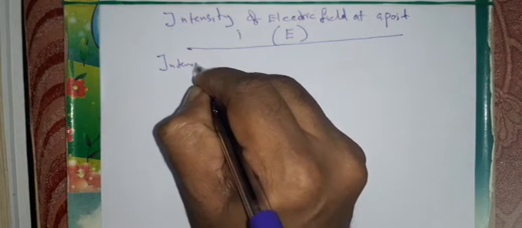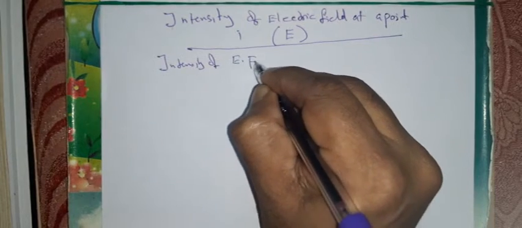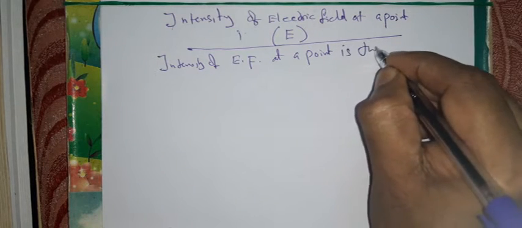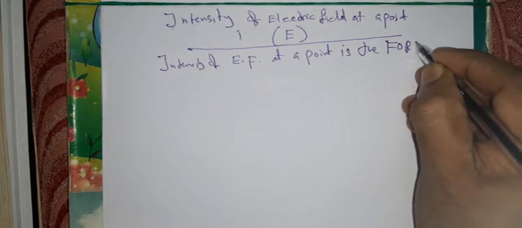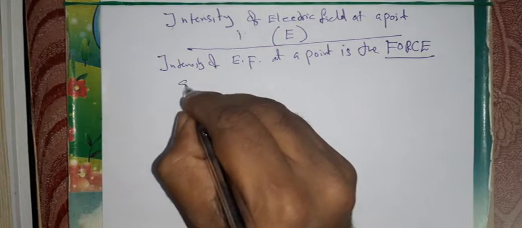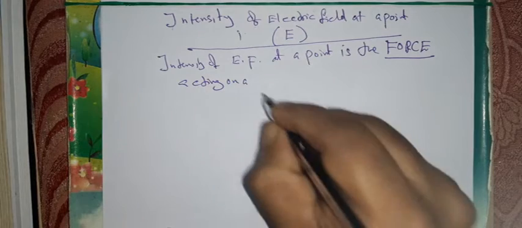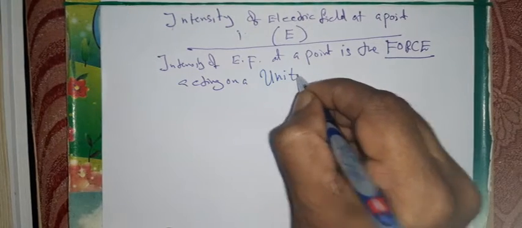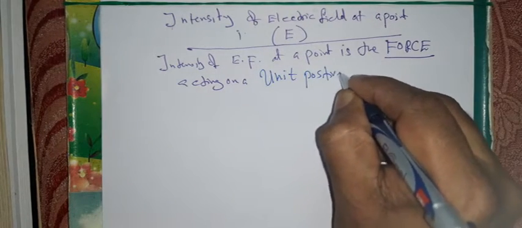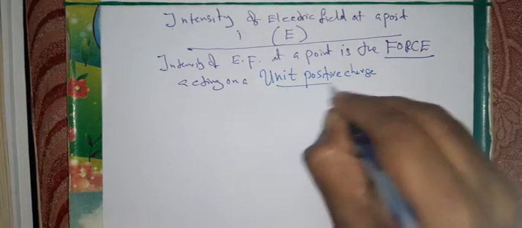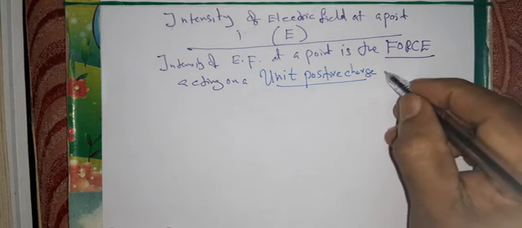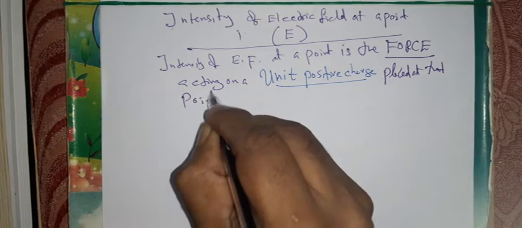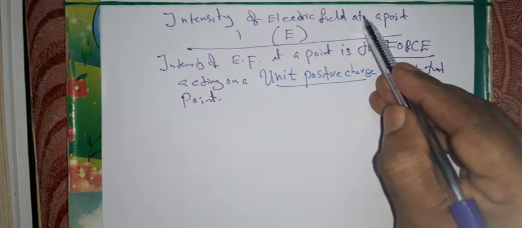Intensity of electric field at a point is the force acting on a unit positive charge placed at that point. This is the definition of intensity of electric field.